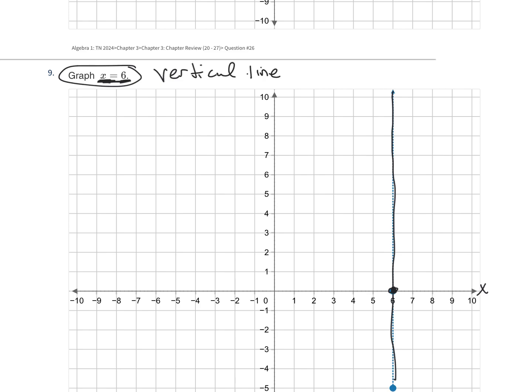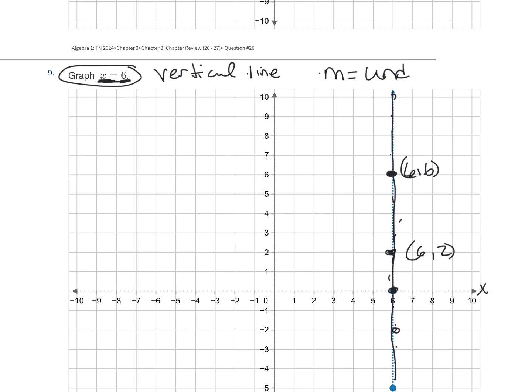And the slope is undefined, okay? And every point on this graph, every ordered pair on this graph, like this ordered pair right here would be 6, 6. This ordered pair is 6, 2.